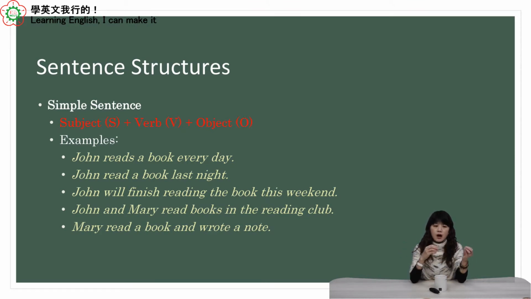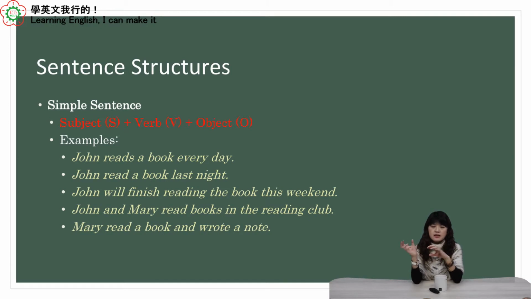Second one: John read a book last night. There's one big difference between Chinese and English, which is verb tenses. In Chinese, we do not change the verb when we talk about different time periods, like today, yesterday, last night, in the future, tomorrow, next weekend.